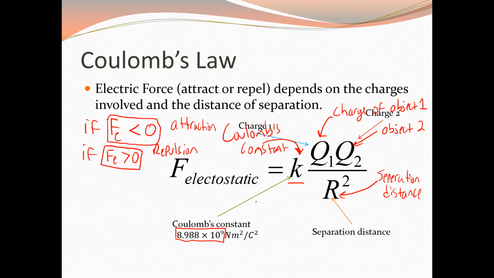This gives you an idea of how strong electrostatic forces are when compared to gravitational forces. Since K is such a big number and G is such a small number, the electrostatic force can be quite a bit larger than gravitational forces, both for attracting and repelling objects.